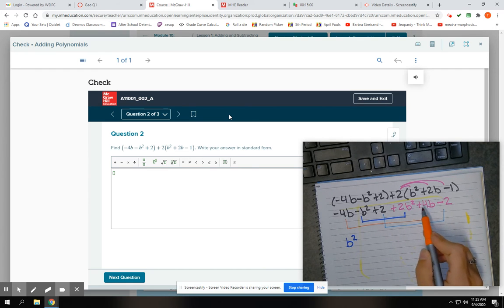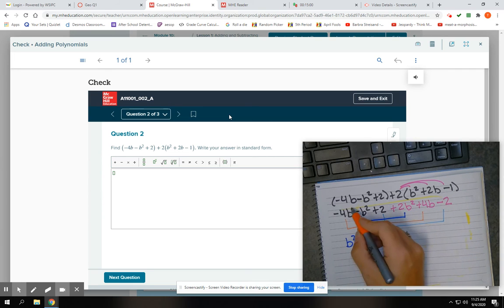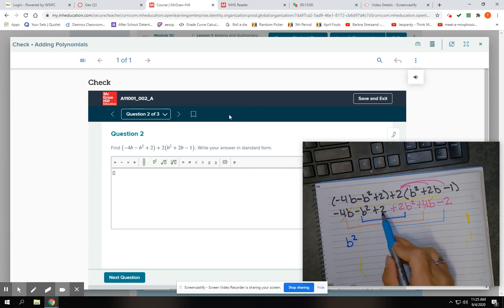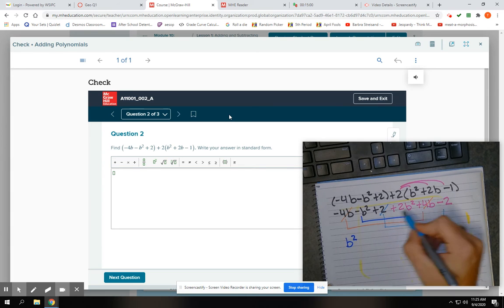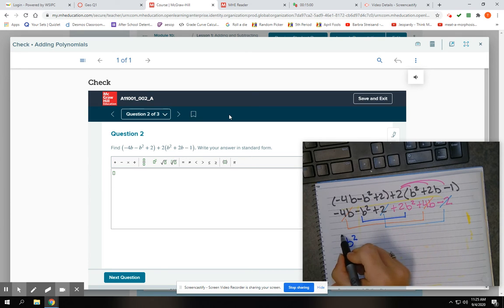So again, that's like taking 4b and subtracting 4b, so they cancel each other out. So we've got nothing, so we don't have to write anything for that. And then we've got 2 minus 2, and those cancel each other out, so we have nothing to write. So our answer is just b squared.